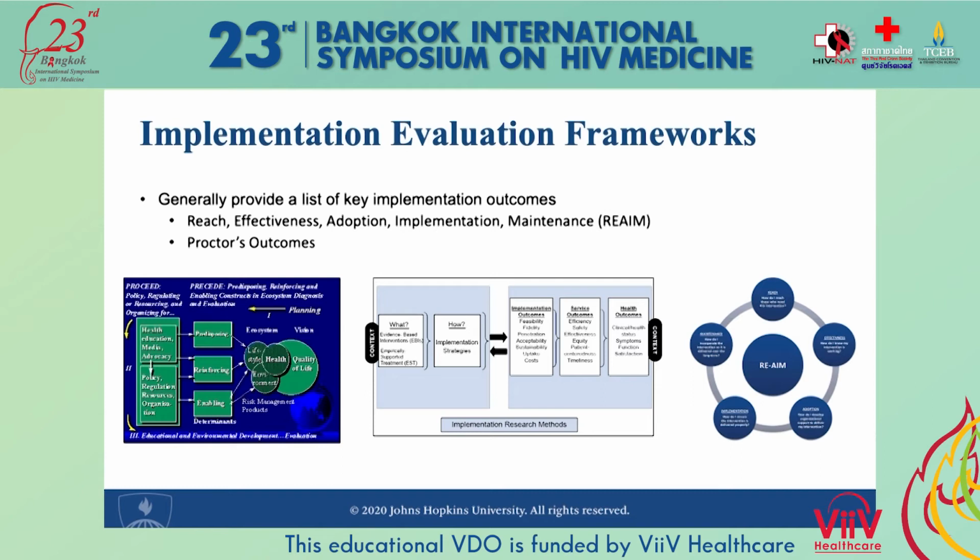And then just to briefly say that there are also implementation evaluation frameworks. Normally we just evaluate process indicators, I mean, how many education sessions did we have, or how many condoms did we distribute, or an outcome, like HIV incidence, did it go down, for example? But what I'd also like to encourage you to do today is to think about, as you're evaluating your programs moving forward, how are you actually evaluating your actual strategy?